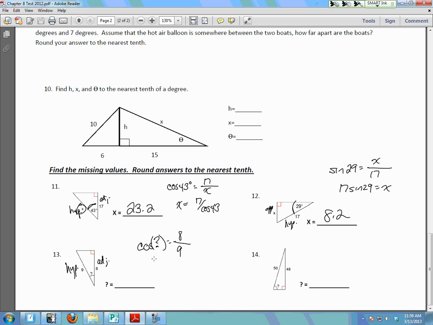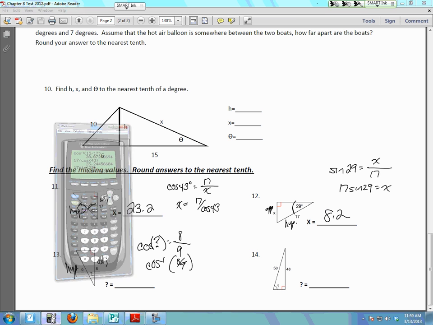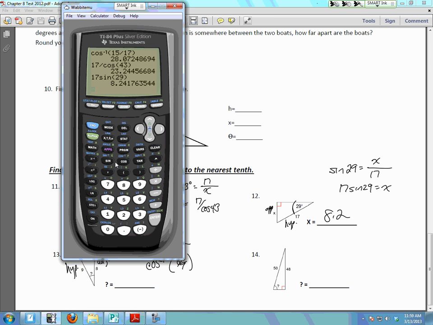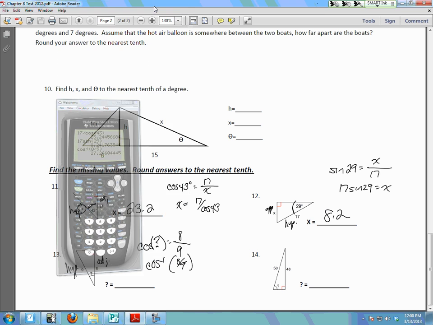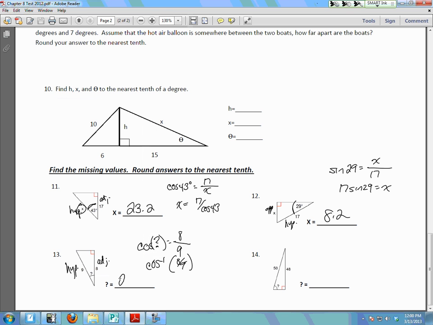Now, if I'm looking for the angle, I'm going to say cosine inverse of that ratio, 8/9. Take my calculator, second cosine 8 divided by 9, and there's your 27.3. A lot of people, what they'll do, they got a 63.7 here, or something like that, and that would be using the sine button if I remember correctly.